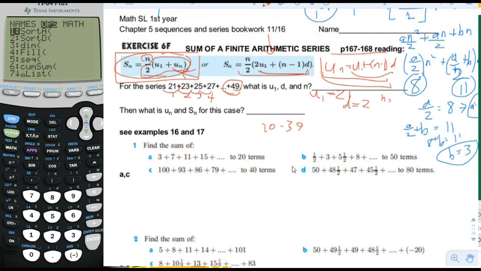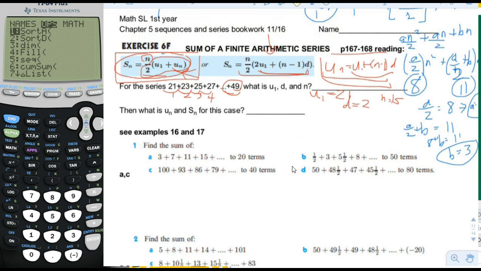Okay. 41, 43, 45, 47, 49. So the 15th term is 49. Okay, so n equals 15. I just did that by counting on my fingers.